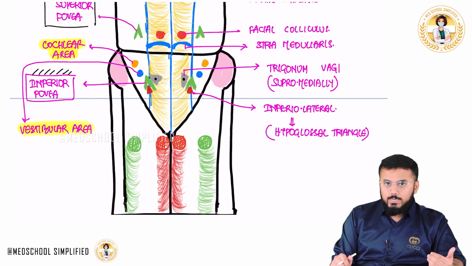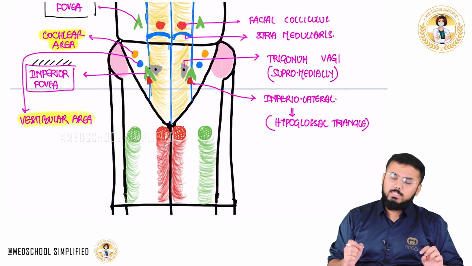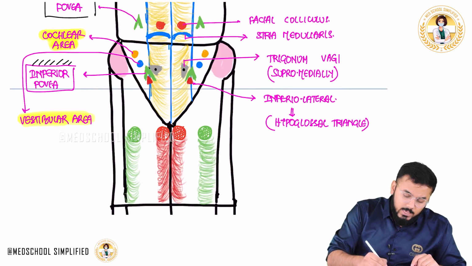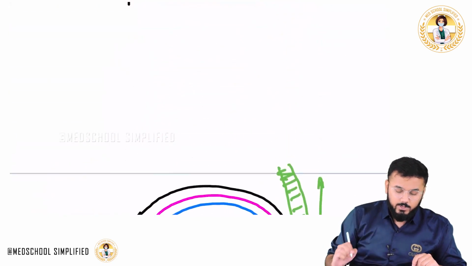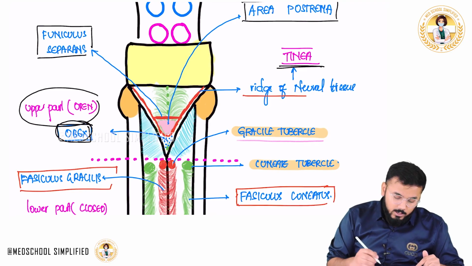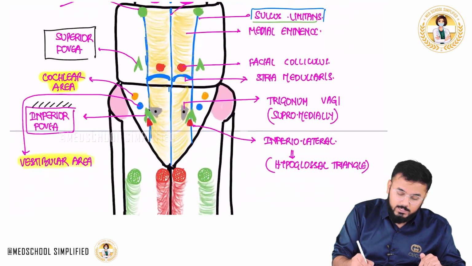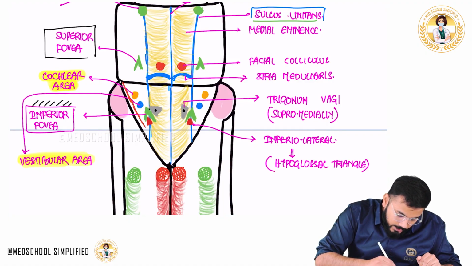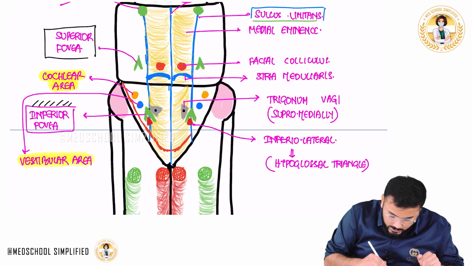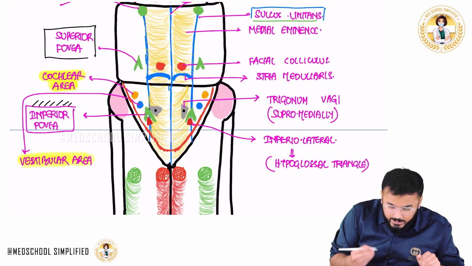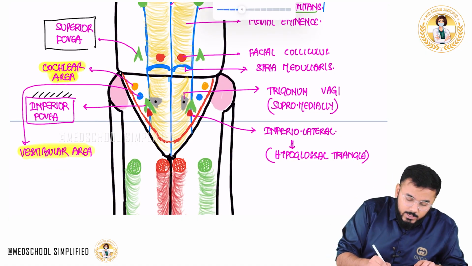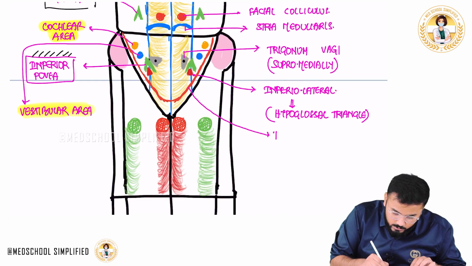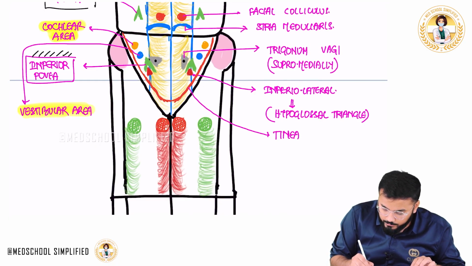So these are some of the important things. Now there are some important things that we missed over here. What are those? If you concentrate over here, in the previous picture I talked about a ridge of neural tissue called taenia, right? So where is it in this picture? See this red color line which I am drawing right now. This is a ridge of neural tissue like this, and this ridge of neural tissue is what is called your taenia.